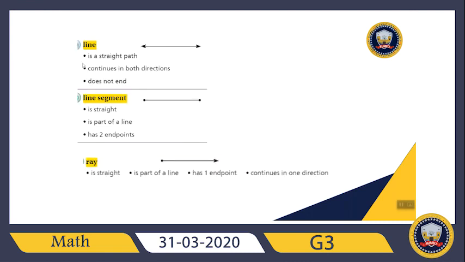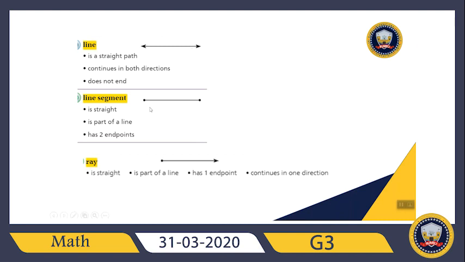Also we have a line. This is a line. Simple. Without any points, it's not an endpoint, it's not a point, it's just a line, because it's a straight path that continues in both directions. It continues, there is no end, and this side too doesn't end, so we call it a line.